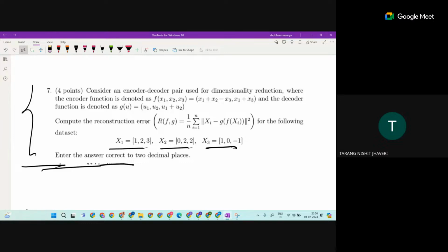Sir, do we have to write the answer for all 3 data points, x1, x2, and x3? Yes, because the question is asking to compute the reconstruction error. It is not just asking for the reconstructed output vector, it is asking for the reconstruction error.